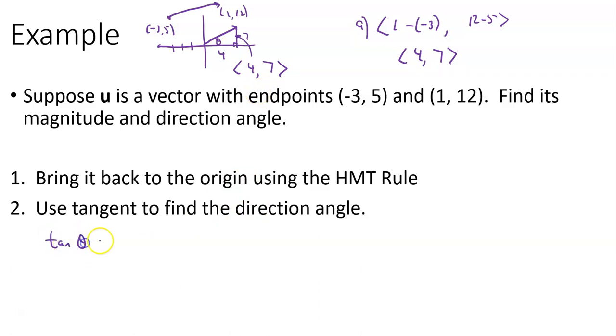The tan of the angle is opposite over adjacent, which means the angle is the inverse tangent of 7/4. So grab a calculator, put it in degree mode, because generally we measure these things in degrees. Take the inverse tangent of 7/4, and I get 60.26 degrees.